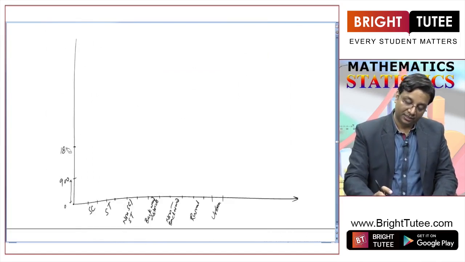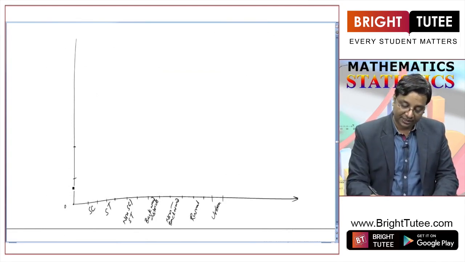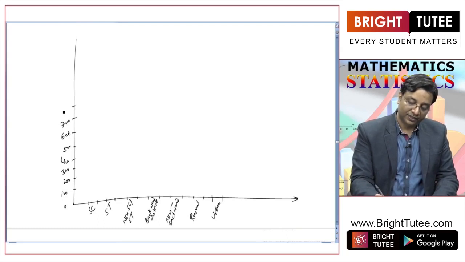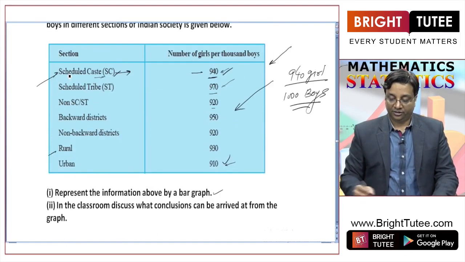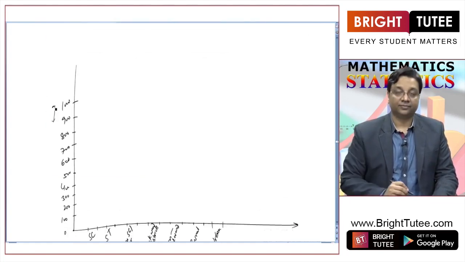Now on the vertical axis, let me change the scale. On the vertical axis, let us take the scale starting from 100. This will be 200, 300, 400, 500, 600, 700, 800, and then 900 and 1000. Okay, so if you see these, all of these points will lie between 900 and 1000.